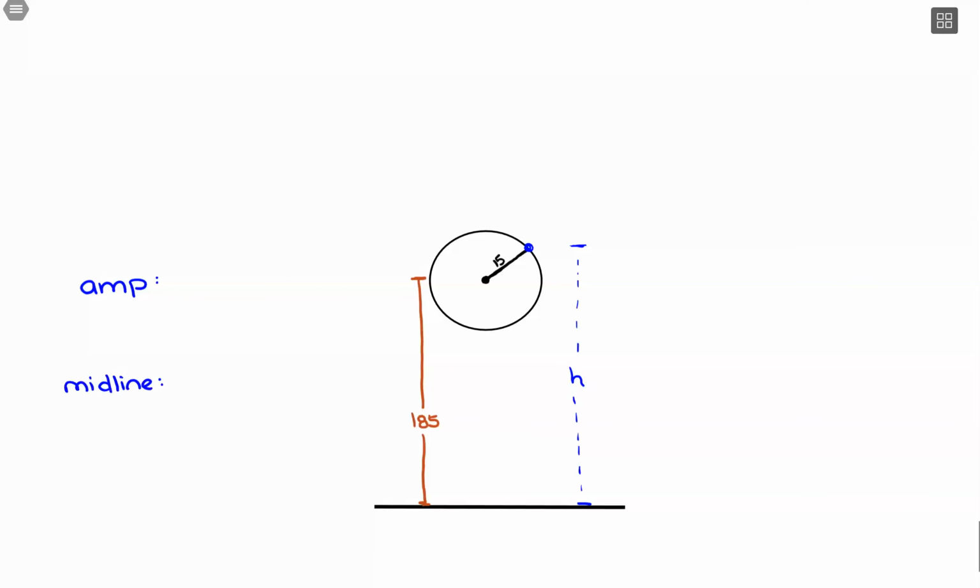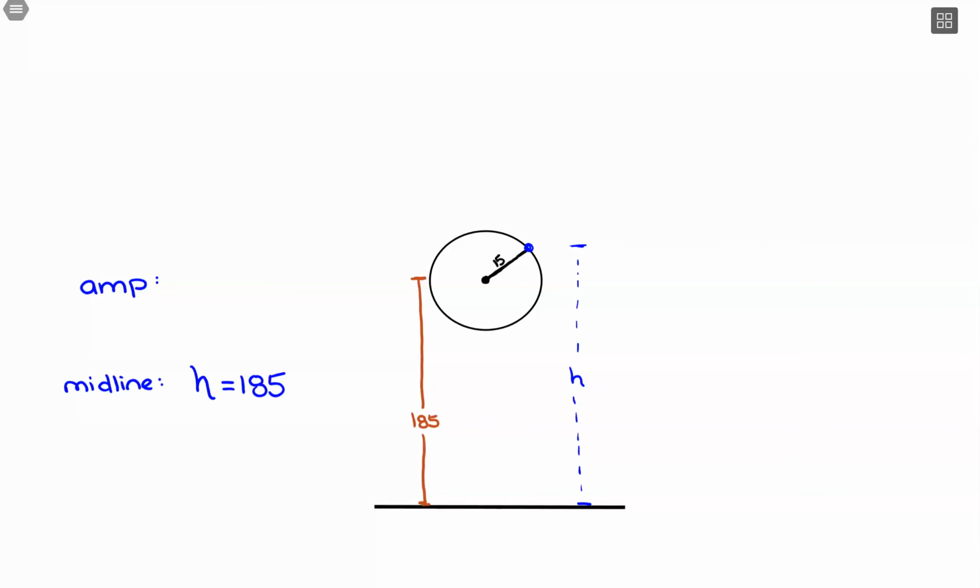So if I think in terms of maximum, minimum, and this is actually our midline right here. Our midline is going to be 185, because that's the value we kind of return to. So it's going to get lower and lower, return to that value, higher and higher, return to that value. So our midline is going to be that 185, or rather than y, this is h in this case.